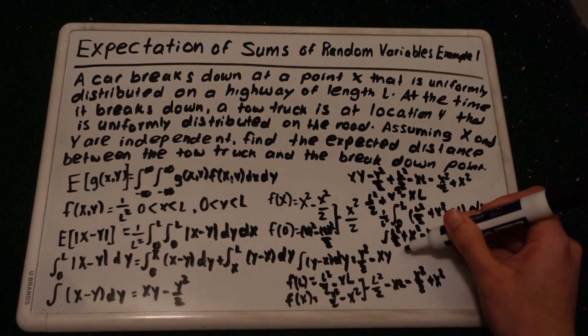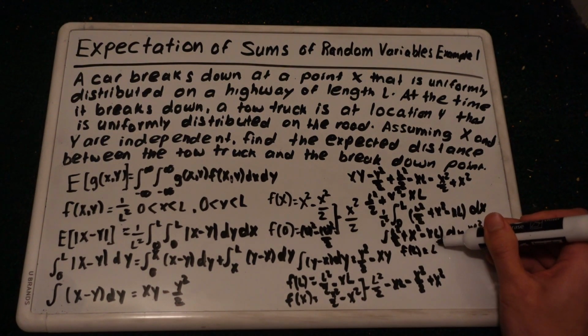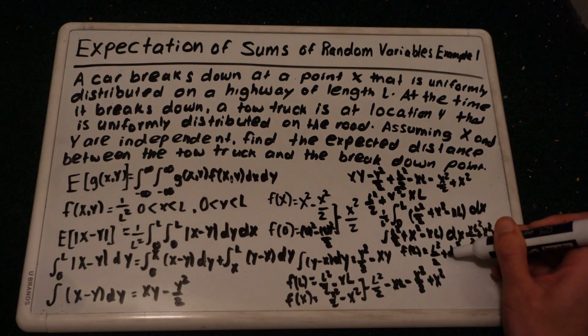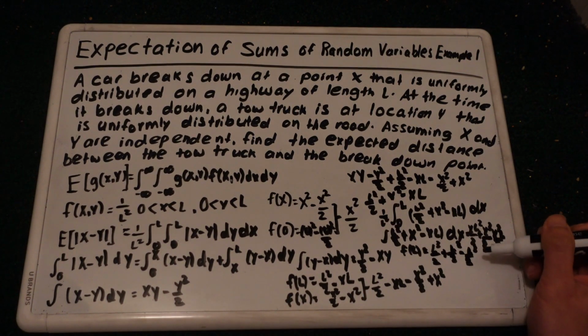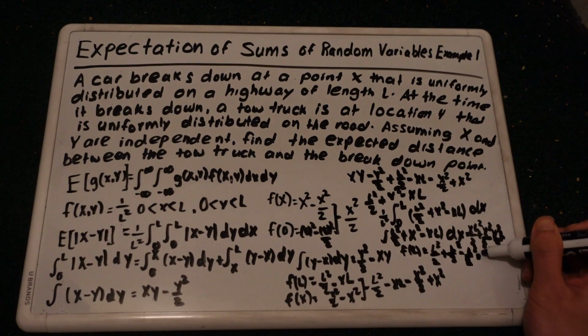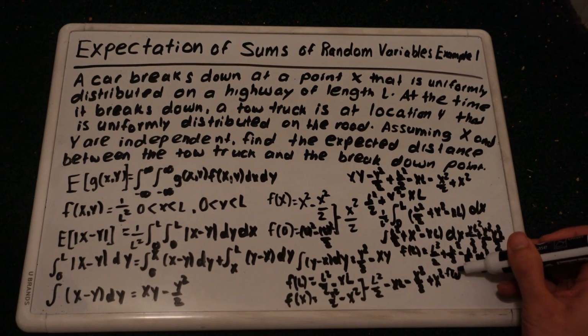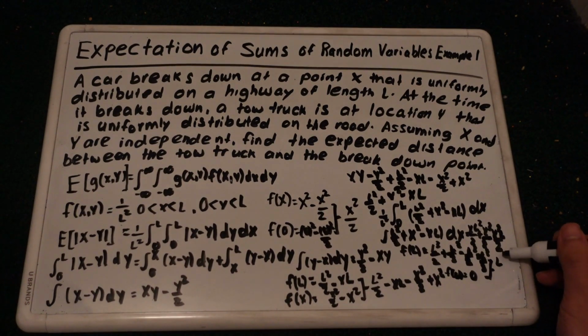And taking the boundaries, let's take f of L. That would be L cubed over 2 plus L cubed over 3 minus L cubed over 2, so we get L cubed over 3. And f of 0 would just be 0. When we subtract that, we get L cubed over 3.